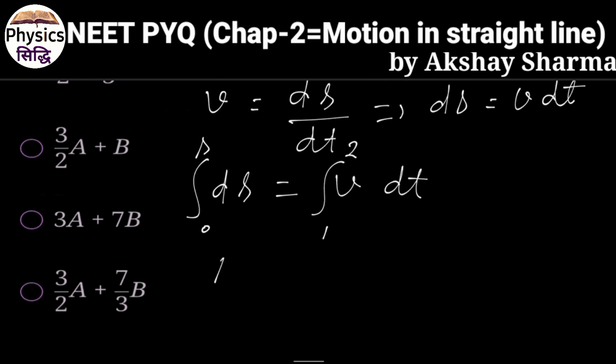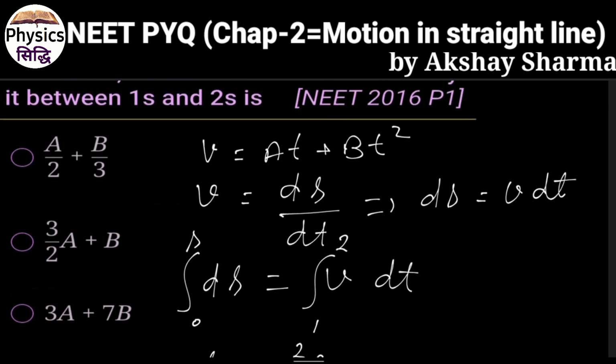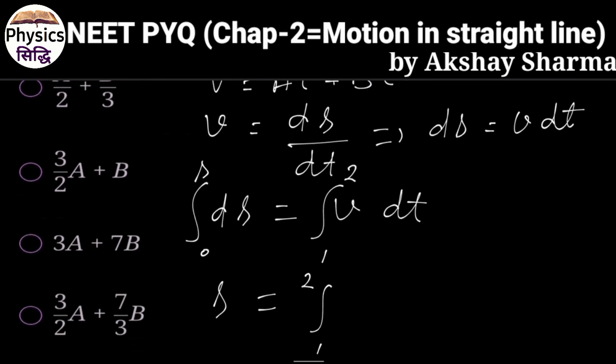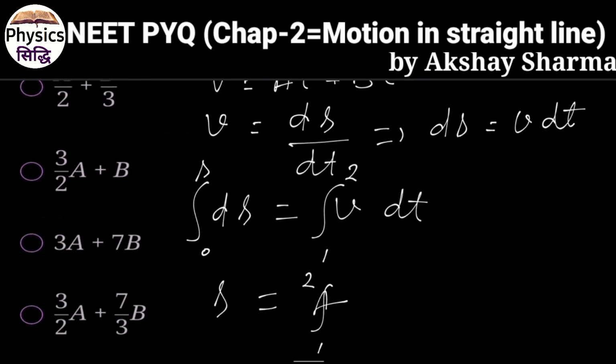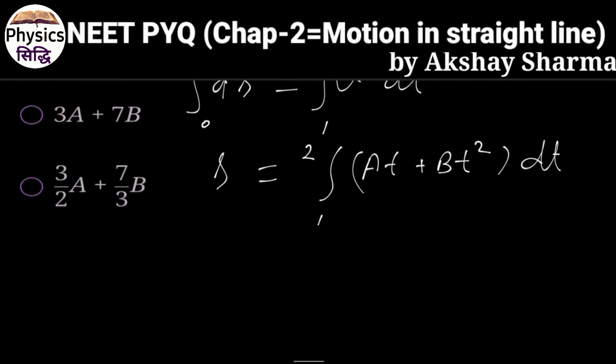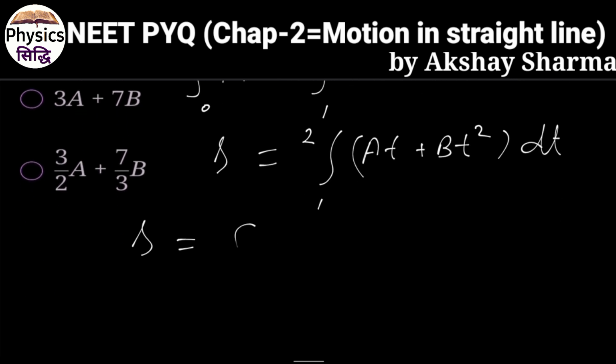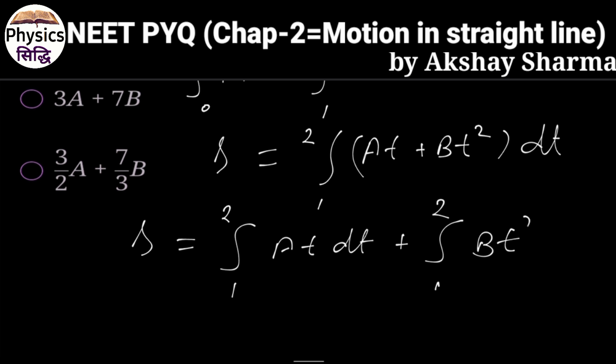Let's put down the value. s equals integration 1 to 2 of v, which is at plus bt square, into dt. I am assuming that you are well aware of simple integration: 1 to 2 at dt plus 1 to 2 bt square dt.